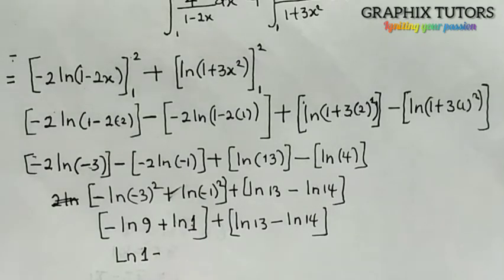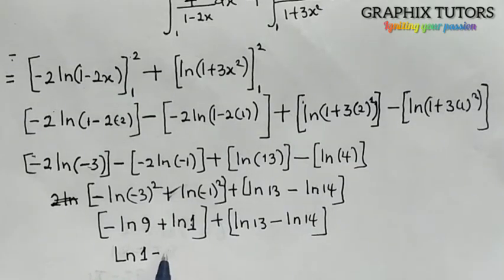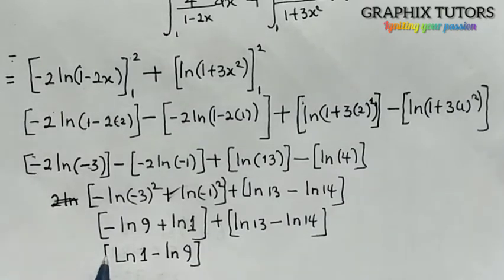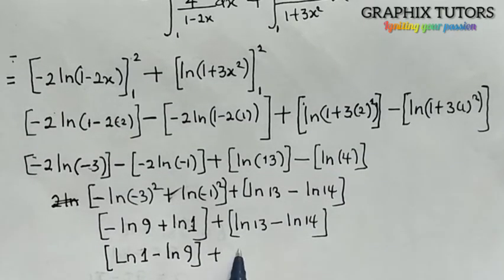So I can say ln 1 minus 9. Ln 1 minus what? Ln 9 in bracket. I can write it this way also. Plus ln 13 minus ln 14. Can have it this way too.